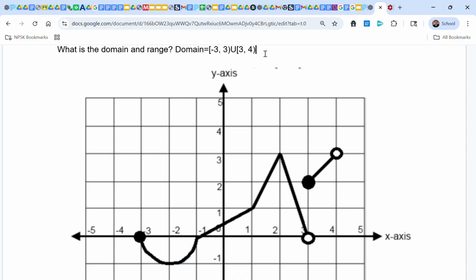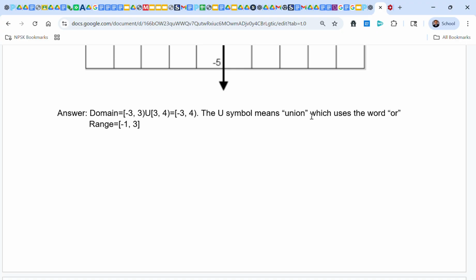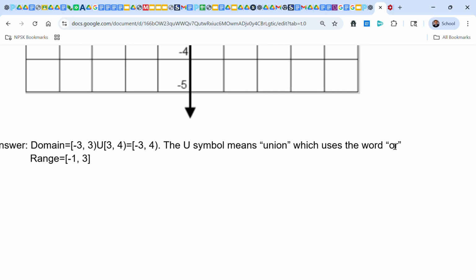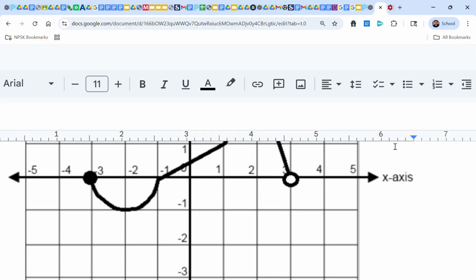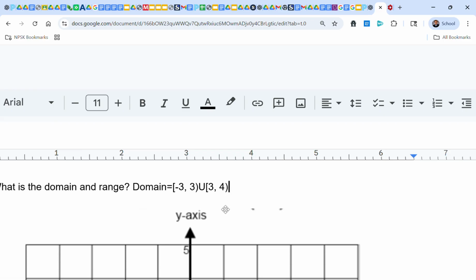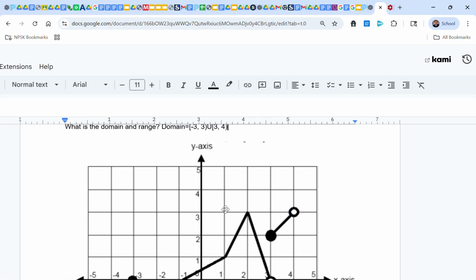So that's the domain. A lot of times the union symbol is denoted with the word or. So it could be all of the values in this set or all of the values in this set here. So we just use that U symbol.